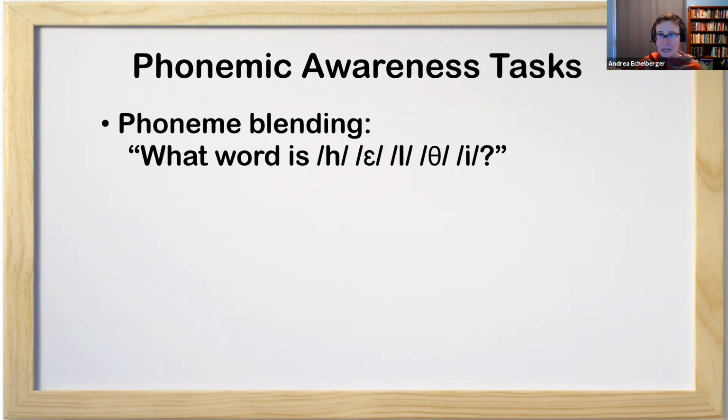And they get to the end and they still aren't able to read the word. Being able to say k, ah, t, doesn't help you read the word cat unless you're able to blend it together: k, at, cat, cat.